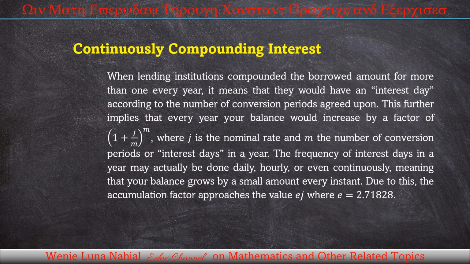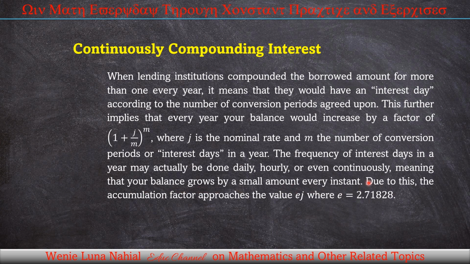This further implies that every year your balance would increase by a factor of (1 + j/m)^m, where j is the nominal rate and m is the number of conversion periods or interest days in a year. The frequency of interest days in a year may be daily, hourly, or even continuous, meaning that your balance grows by a small amount every instant.